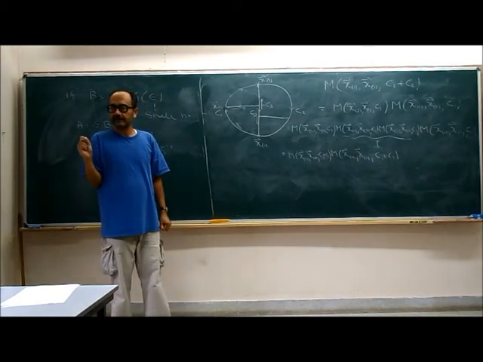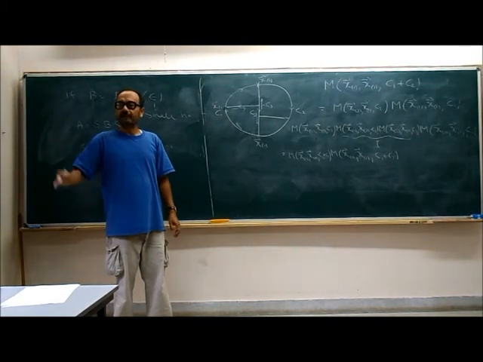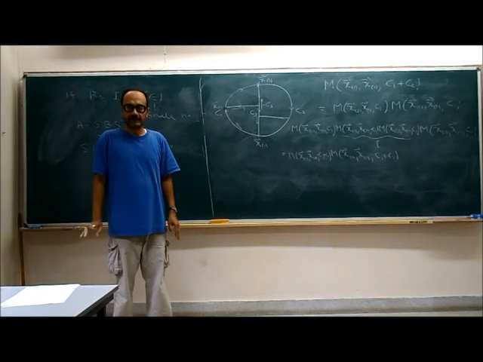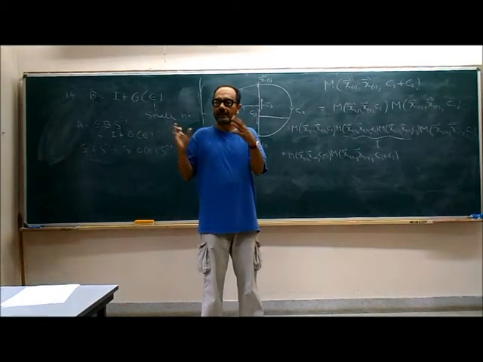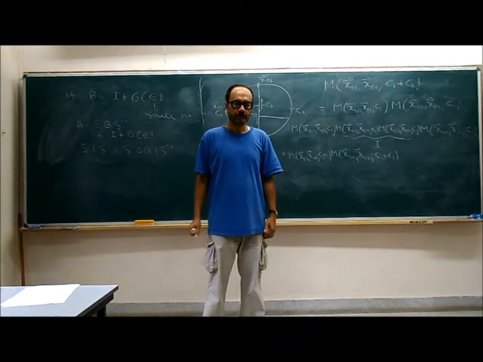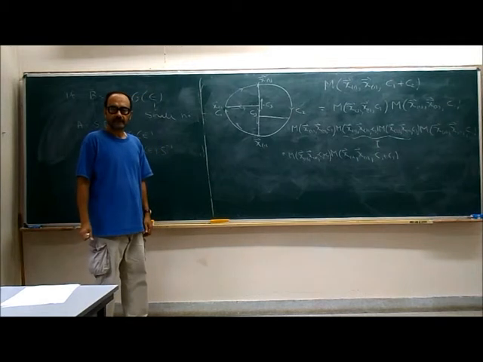Is this clear? And then we keep doing this, keep dividing, and expressing the result in terms of monodromies involving smaller and smaller loops. Is this okay?